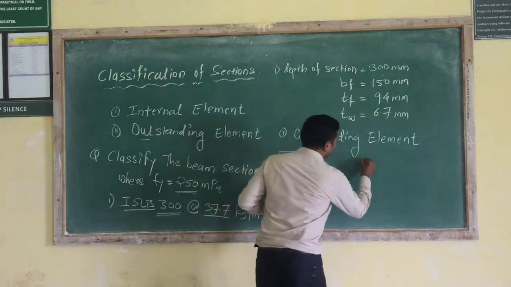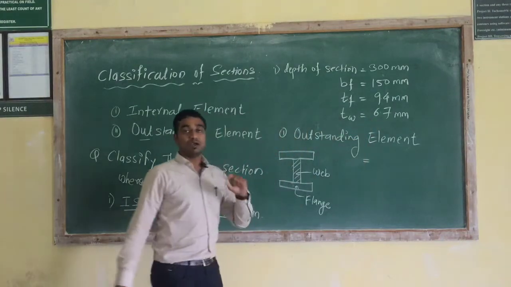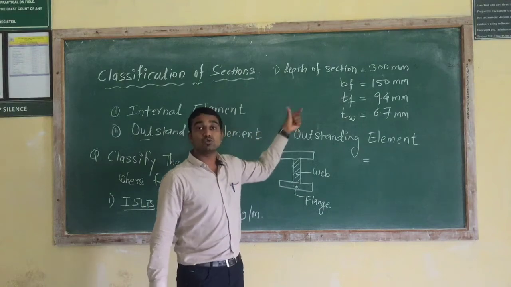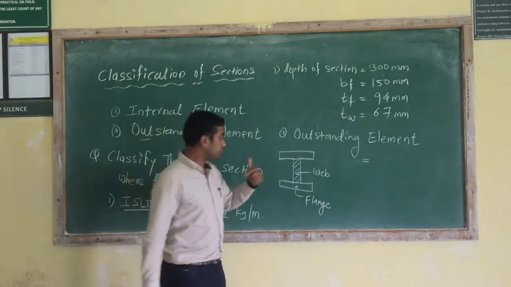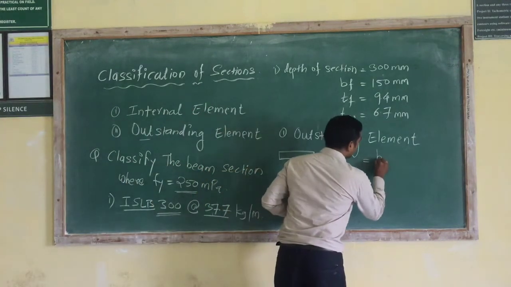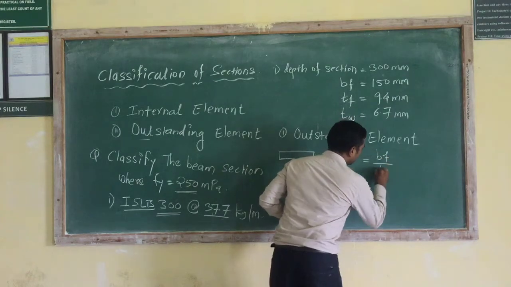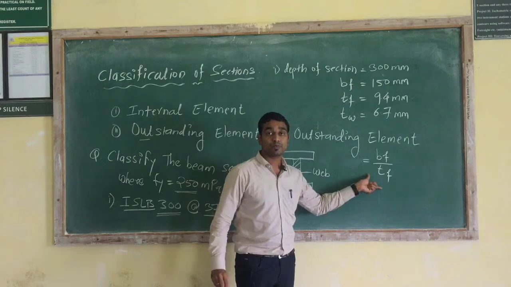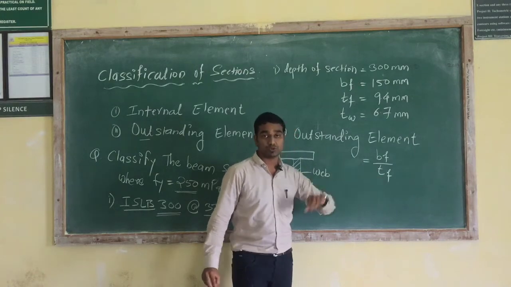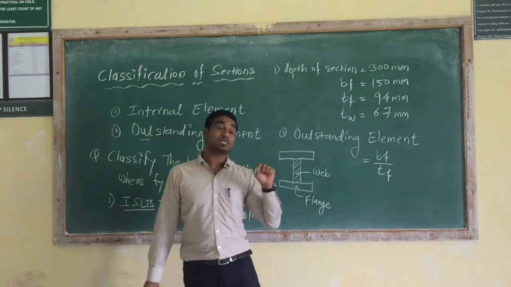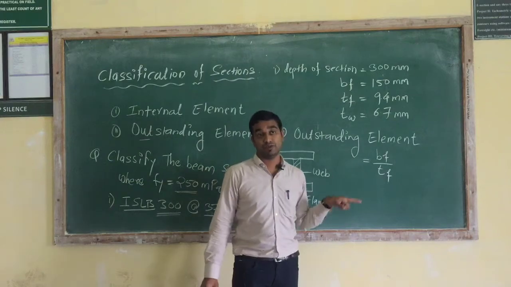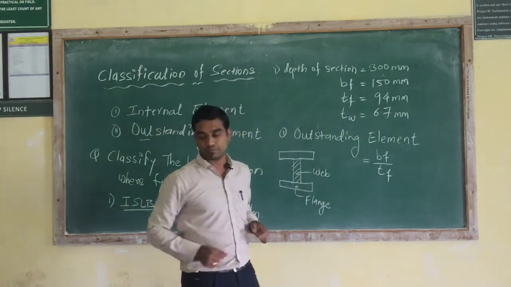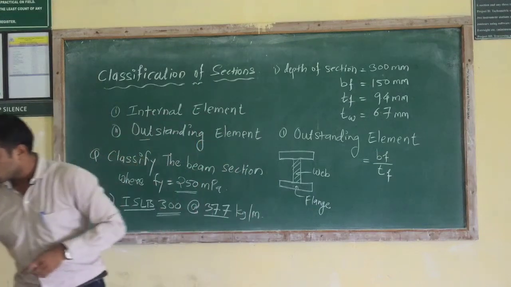For the outstanding element, we have to take the ratio of width of the flange to the thickness of the flange. Why do we go for this ratio? Because it is given in the IS code, in table number 2.